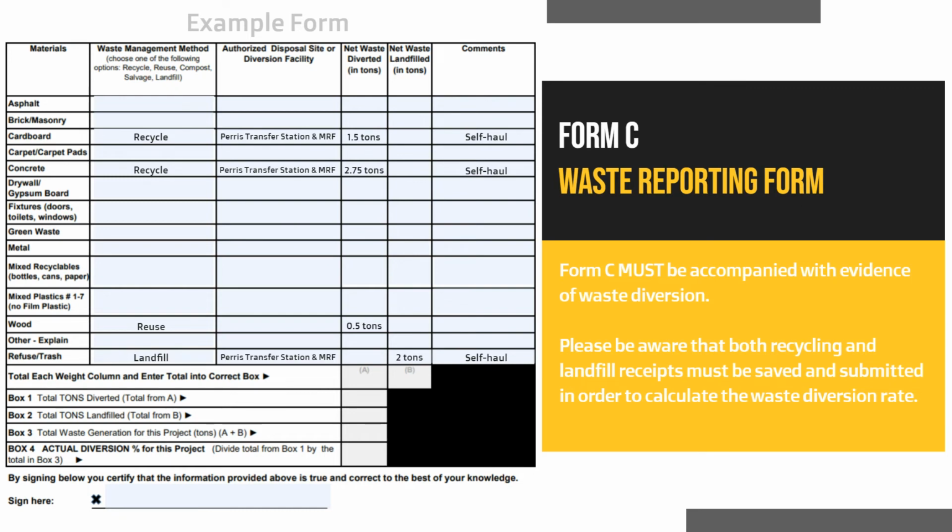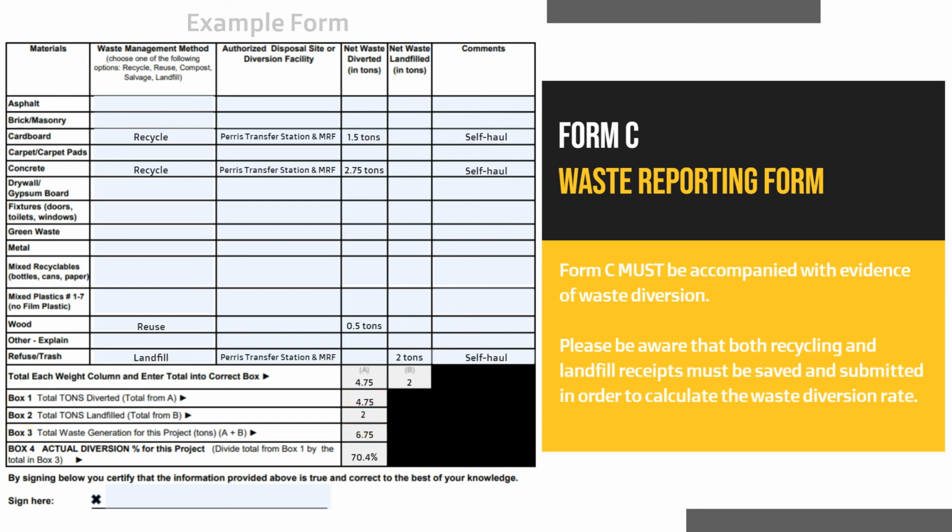Next, he will verify the sum of the weight diverted in Box A and Box 1 and the sum of the weight landfilled in Box B and Box 2. Now, he will calculate the total waste generated by adding the weight in Box 1 and 2 and enter the sum in Box 3. Lastly, he will calculate the waste diversion rate by dividing Box 1 by Box 3, multiplying the result by 100, and obtain a 70.4% waste diversion rate in Box 4.